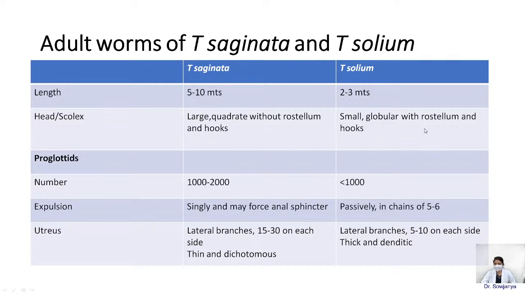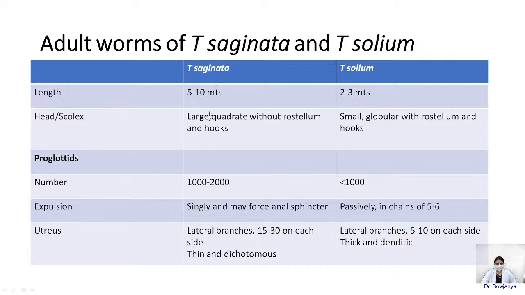It is globular with rostellum and hooklets. The body has various segments called proglottids. These proglottids, based on their maturity levels, are classified as immature, mature, and gravid proglottids. So based on the proglottid structure, they can be differentiated.